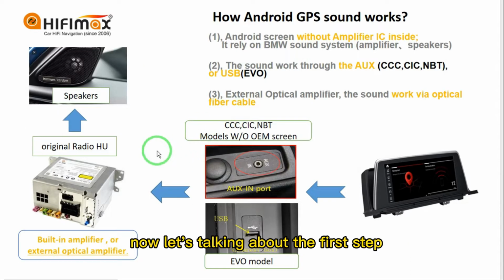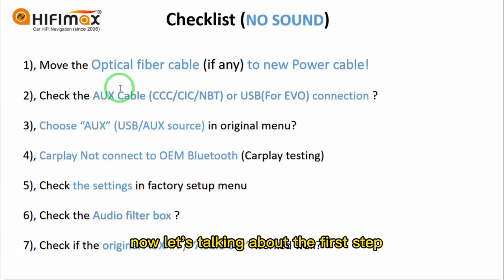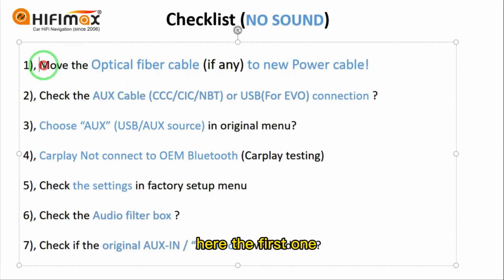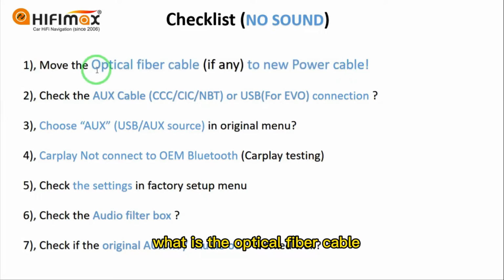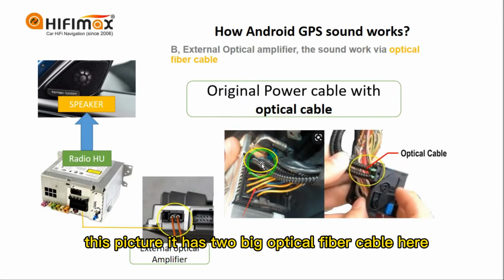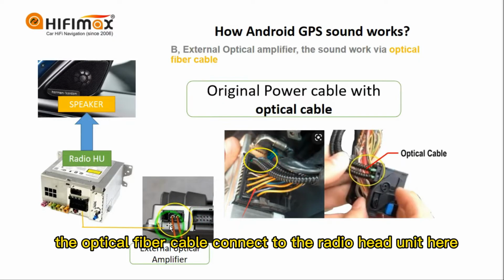Okay, now let's talk about the first one, the optical cable. What is the optical fiber cable? This picture has two big optical fiber cables. The optical fiber cable connects to the radio head unit here.